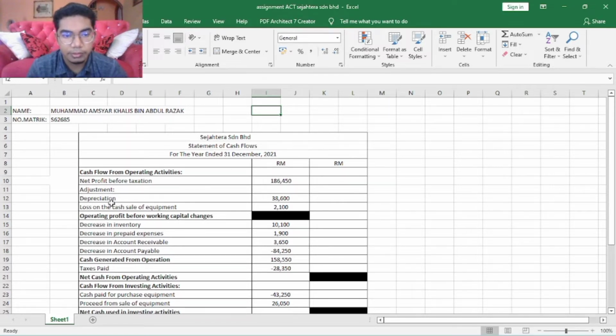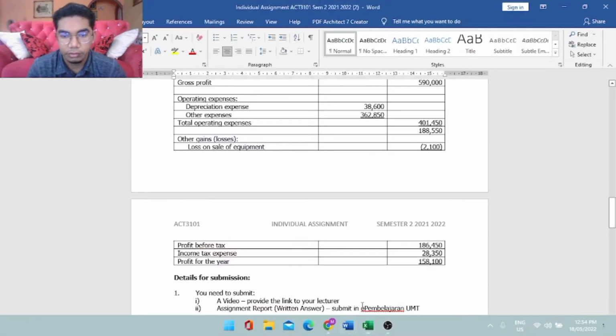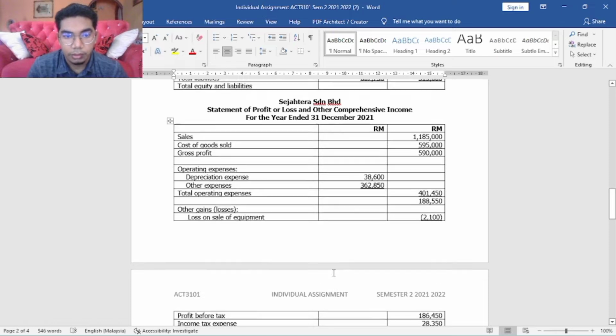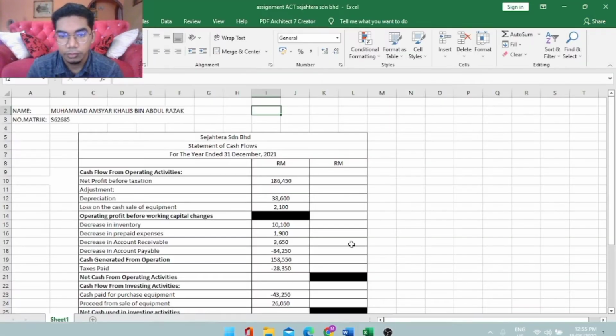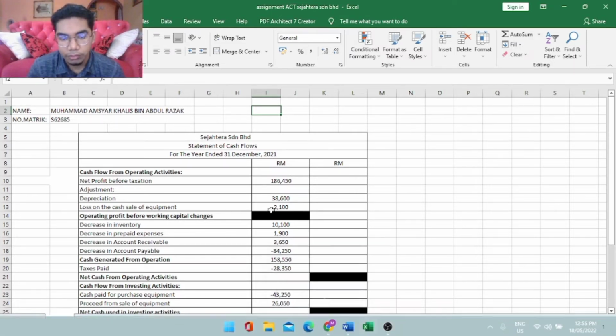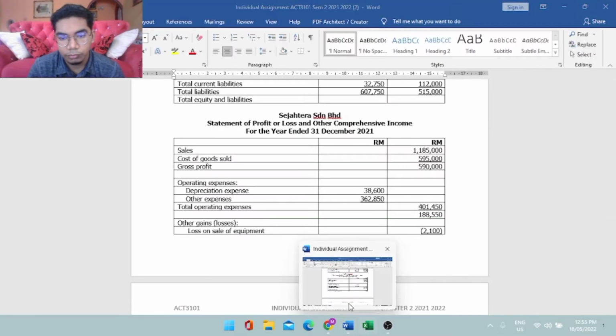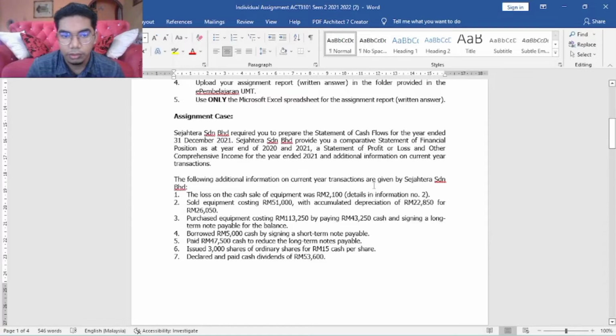And next, depreciation. We take the amount from the statement of profit or loss and other comprehensive income, 38,800,600, and we put it in the same column. And last, the loss on the cash sale of equipment. This amount we don't take from the statement of profit or loss, we take it from the additional information given.